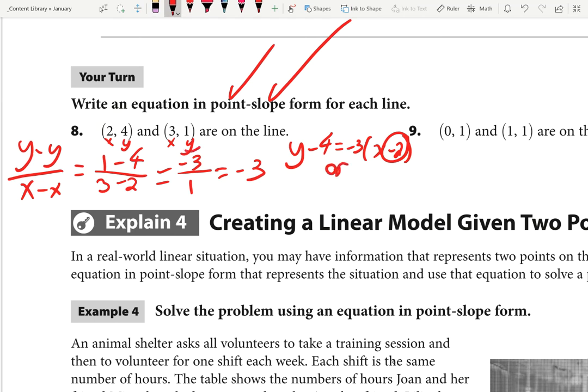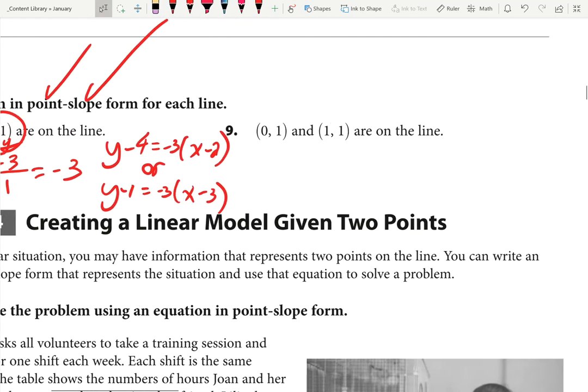If you use the other point instead, you would have y minus 1 equals -3 times (x minus 3). Again, it's still the same equation, just using the other point. So either of these is correct. It just depends on which of the points you wanted to plug in.